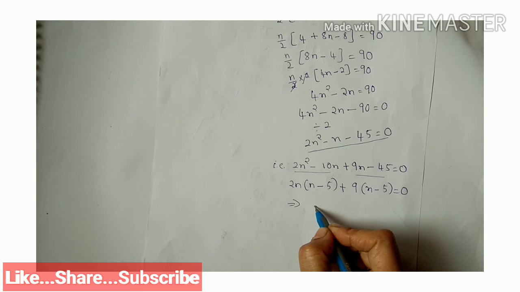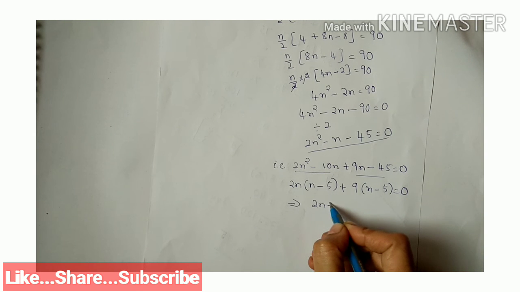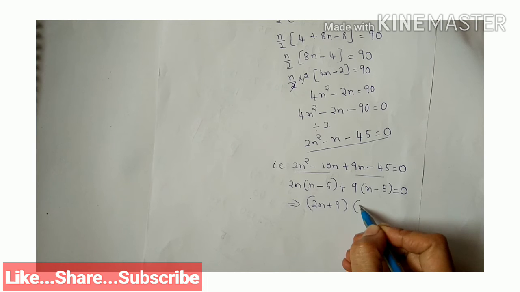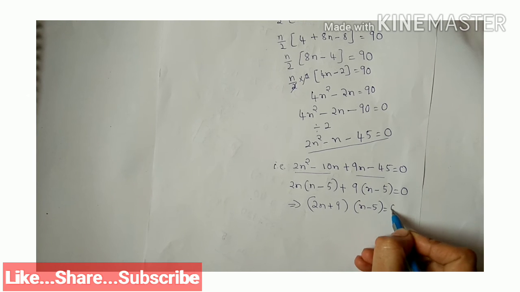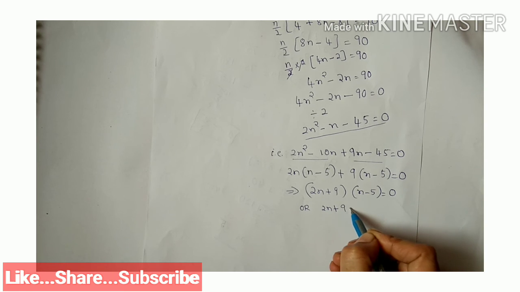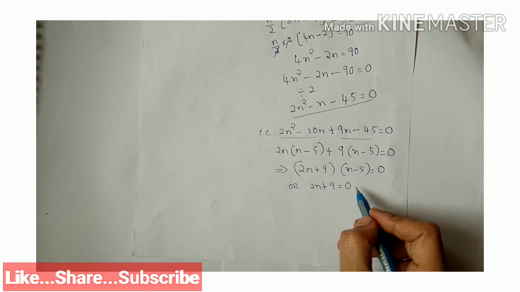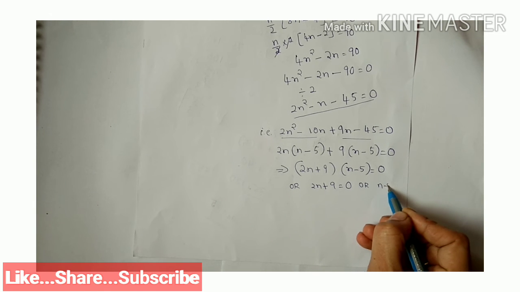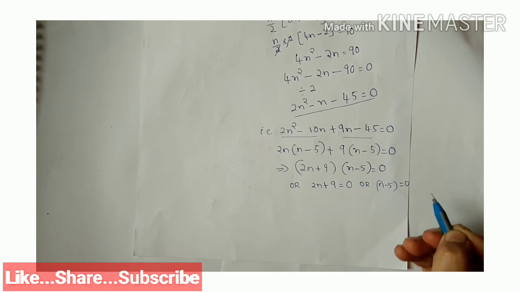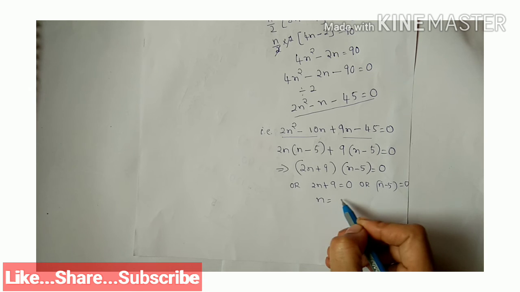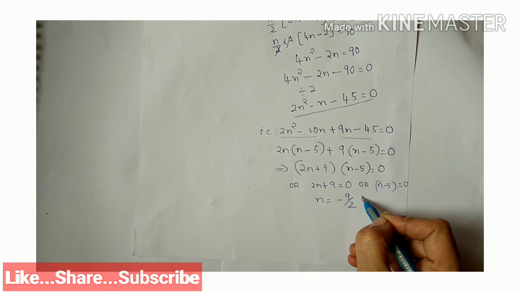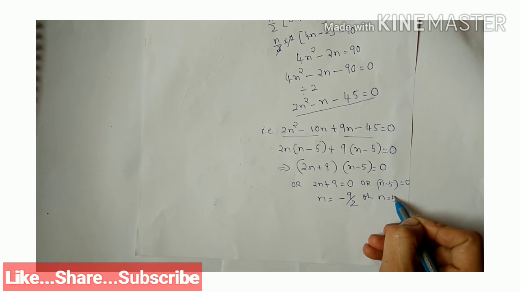Therefore, two factors are 2n plus 9, n minus 5. 2n plus 9 is equal to 0 or n minus 5 is equal to 0. n is equal to minus 9 by 2 or n is equal to 5.